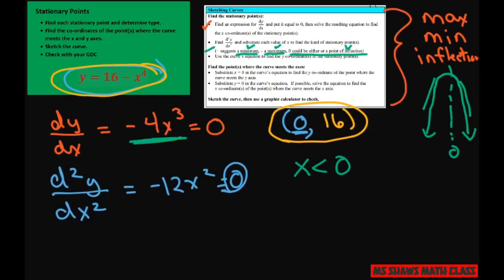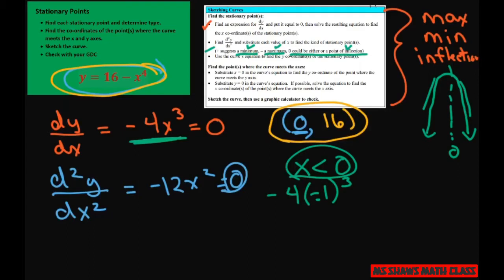So if I plug in negative 1, so negative 4 times negative 1 cubed, that's going to end up being positive. So this is going to end up being positive when x is less than 0.